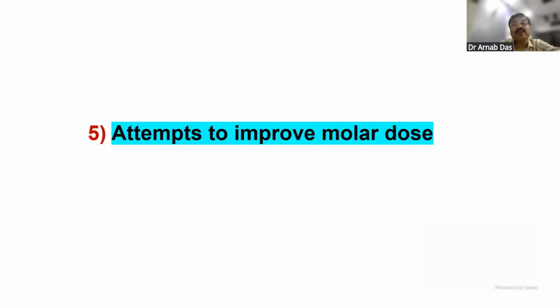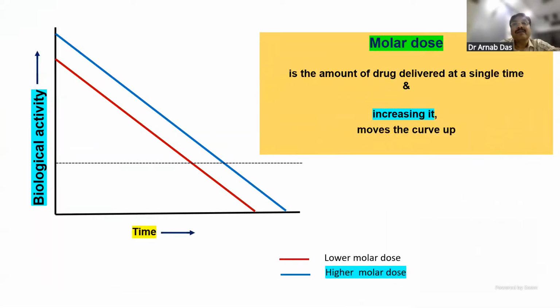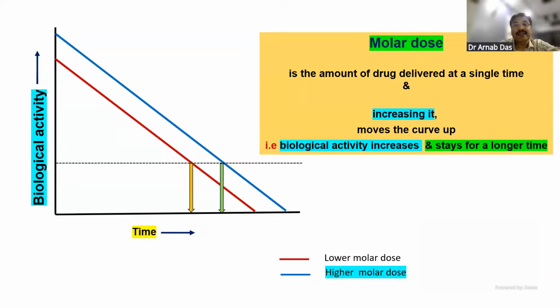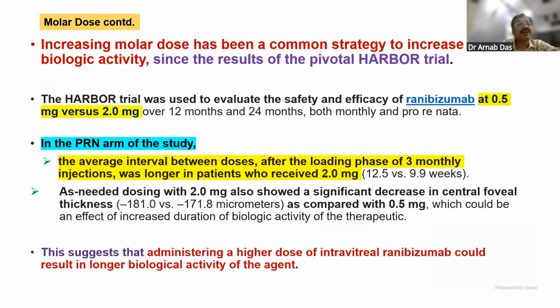Now, attempts to improve molar dose. Molar dose is the amount of drug delivered at a single time, and increasing it moves the curve up, as you can see. That is, biological activity increases and stays for a longer time. Note the shift to a more prolonged action with higher molar dose.